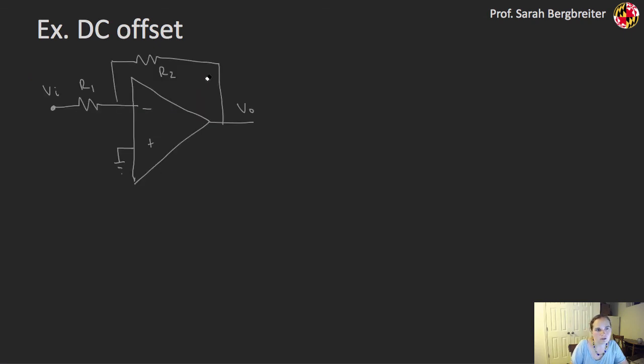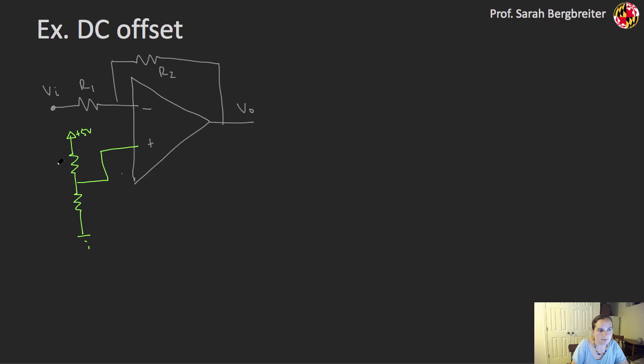And a great way to rid ourselves of this DC offset is to realize that there's nothing magic about this virtual ground in a basic inverting amplifier. So I've hooked up ground to my non-inverting input. That effectively makes a virtual ground at the inverting input, and so I can do my math based on that and find out my amplification. But instead of putting ground here, I can put another voltage there instead.